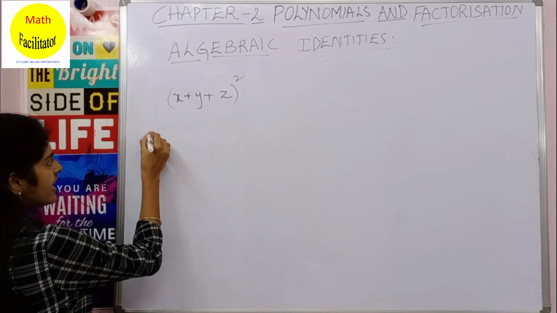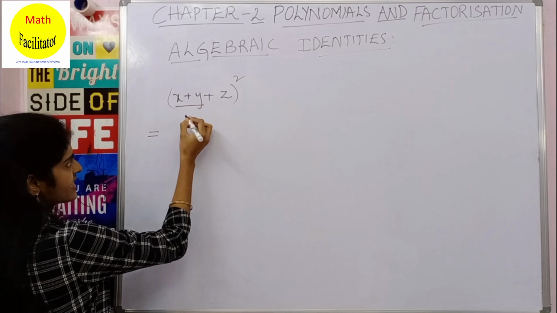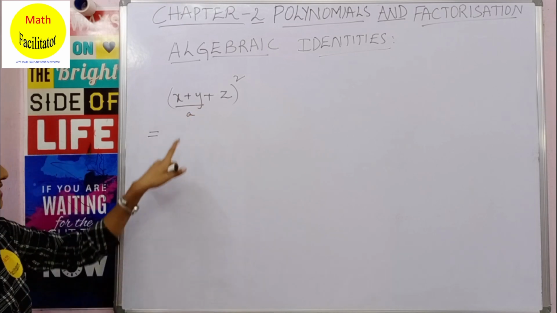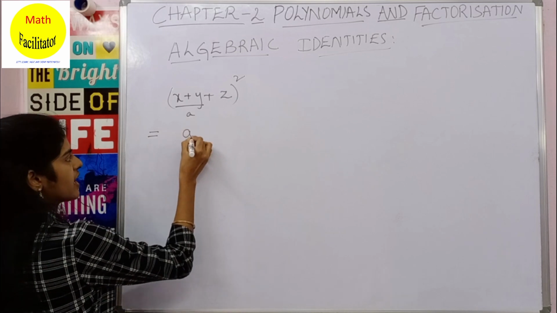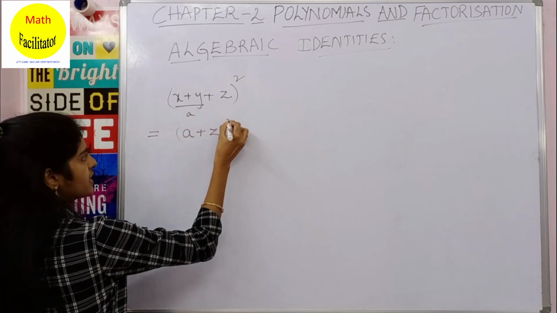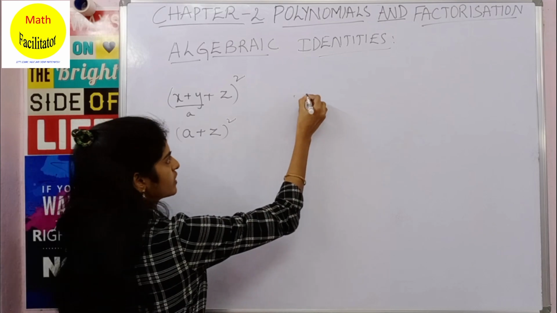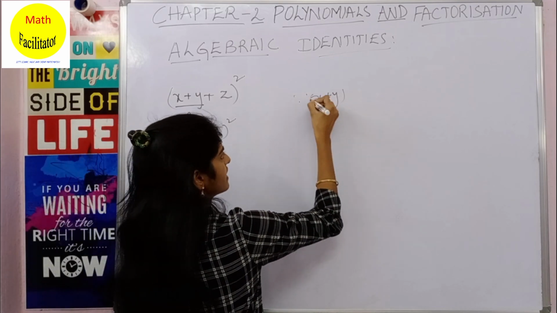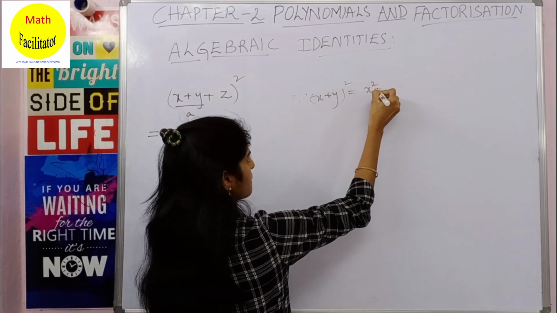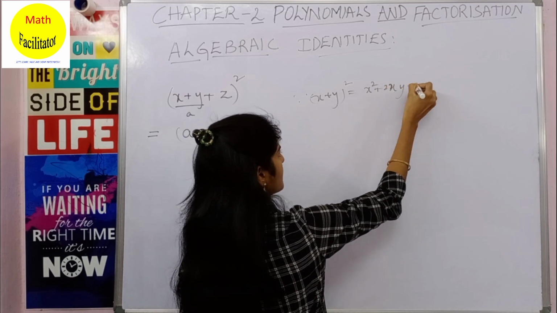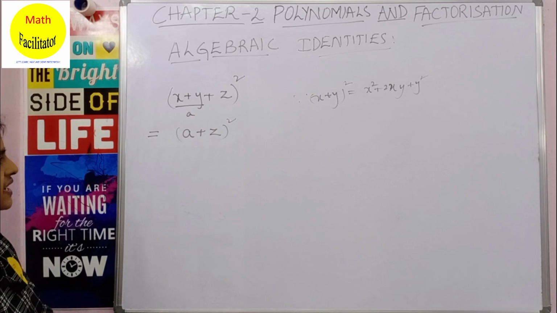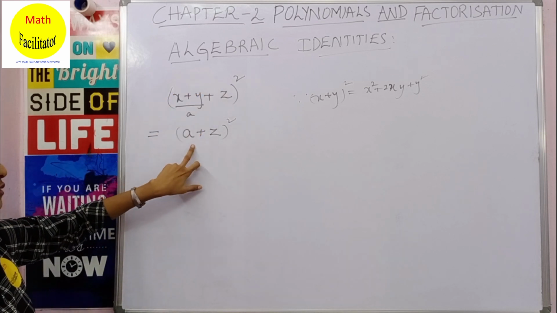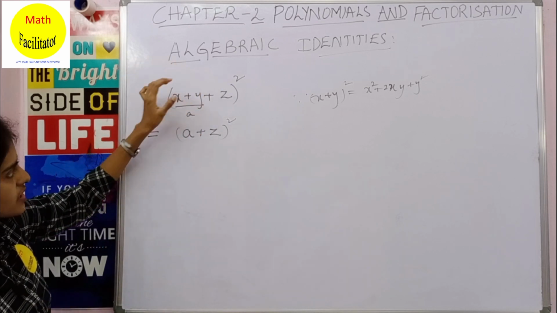So let us see. Let us consider this x plus y as a, because you have a formula for binomial. Since you know that (x plus y) square equals x square plus 2xy plus y square, that is why we are reducing this trinomial to a binomial by considering the first two terms as a.